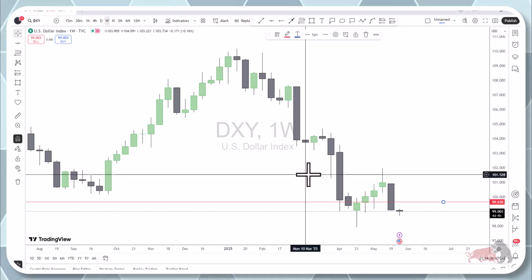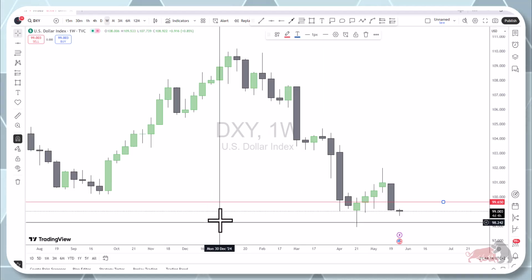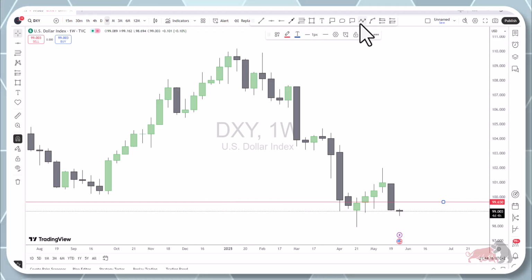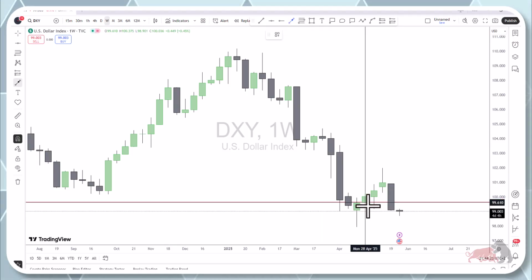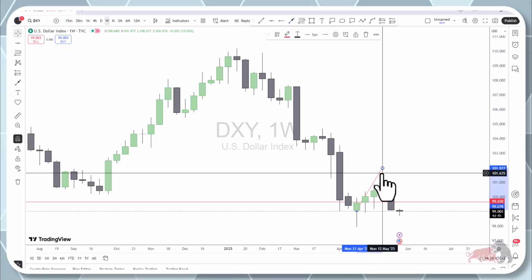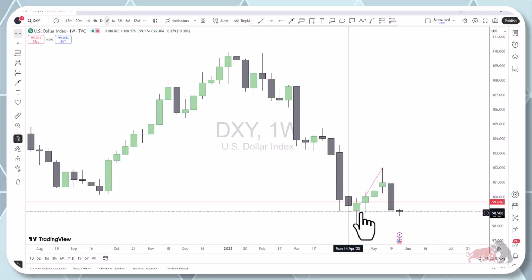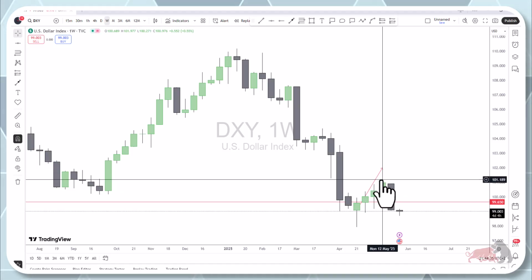We can see it has decisively broken that support. Now, that support was brought about by a time when we had open interest dropping on the dollar index, which resulted in this redistribution into fair value.